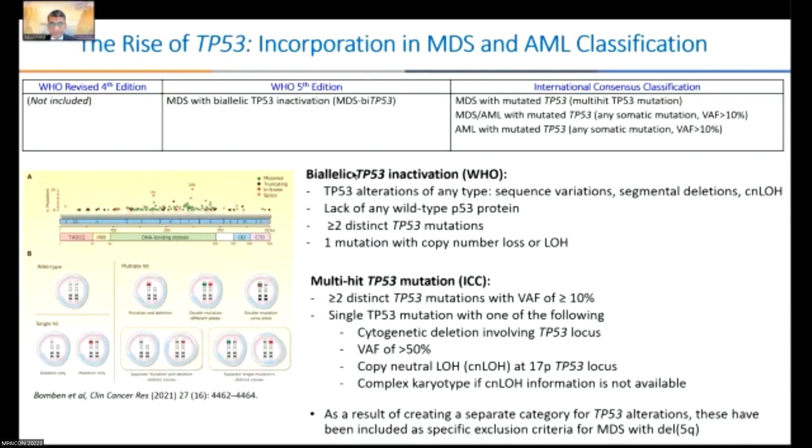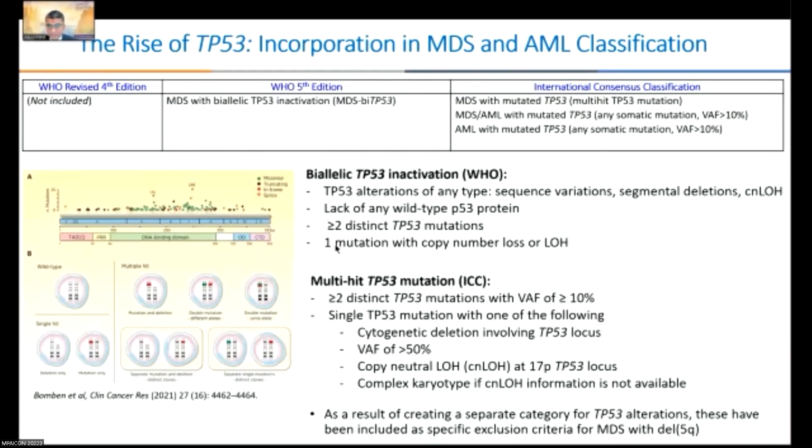If you look at the example of P53 inactivation in the WHO classification for MDS, it does require biallelic P53 mutation, and we can define that by having loss of any type or alteration of any type, such as a sequence variant, segmental deletion, or copy neutral LOH, which essentially leads to no wild-type P53 protein. This could happen by having two distinct P53 mutations. Because we are not currently able to sequence long reads on a majority of the platforms, we are allowed to assume that two or more distinct P53 mutations can be interpreted as biallelic.